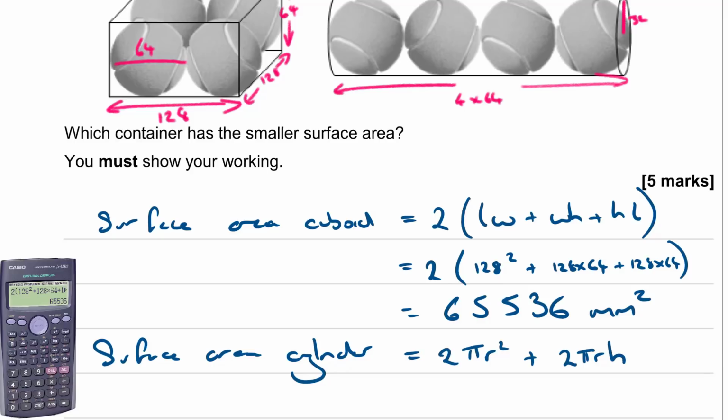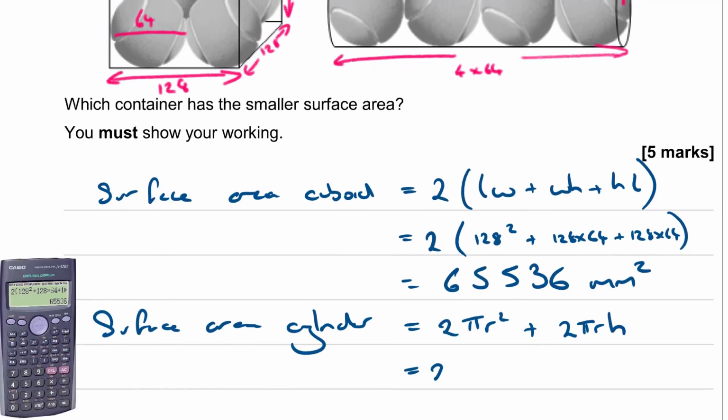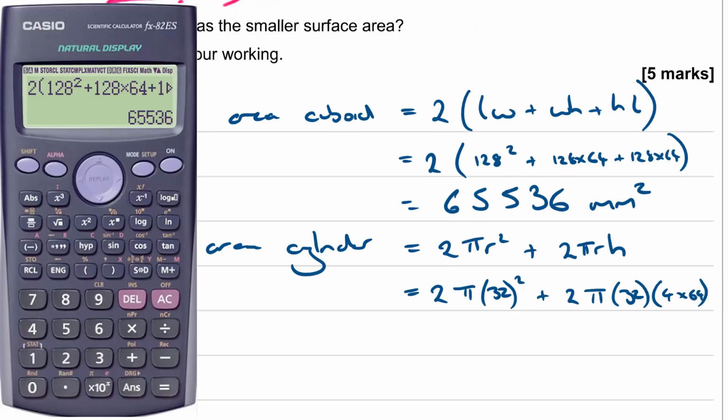So subbing in the values, it's going to be 2 times pi times 32 squared plus 2 times pi times 32 times 4 times 64. Just going to write it in like that for now. Work it out with the calculator.